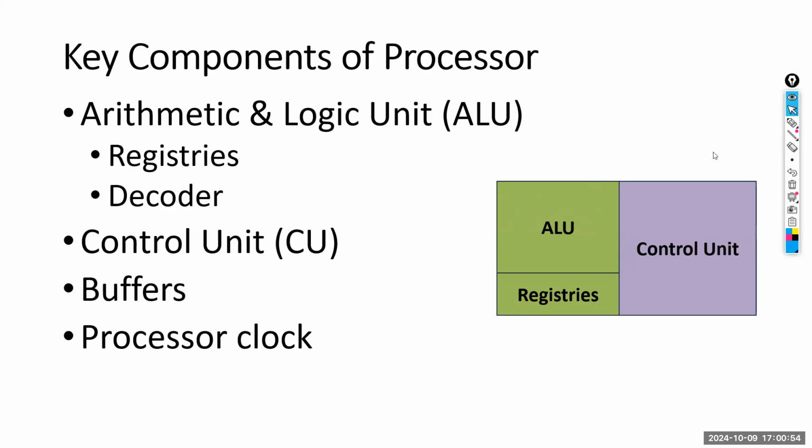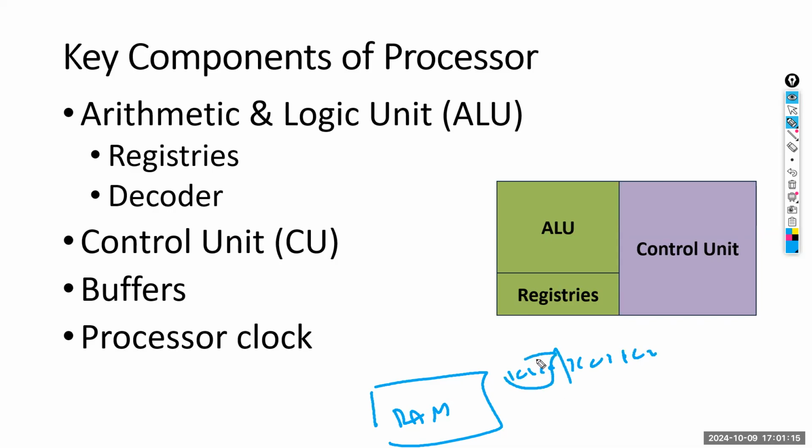Now again, can you visualize what is happening? So this is your memory, RAM. Your RAM has the program and data. Each instruction is something like this, partly instruction, partly data.